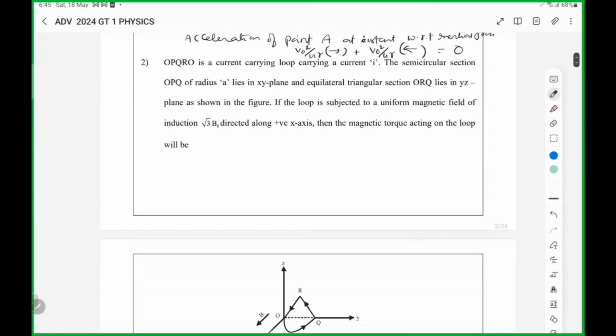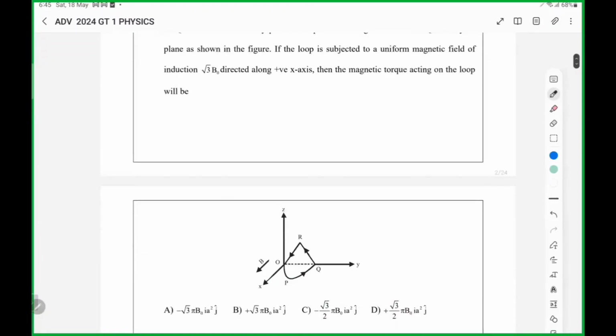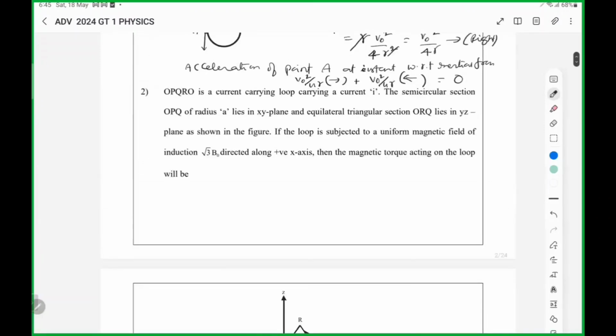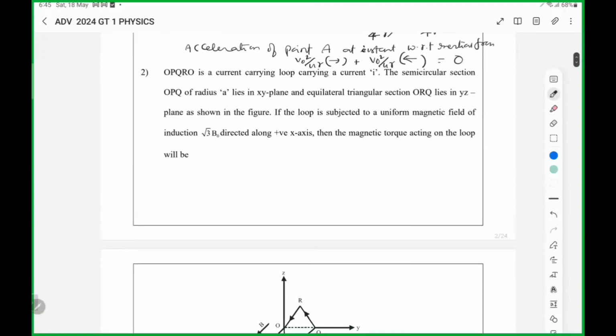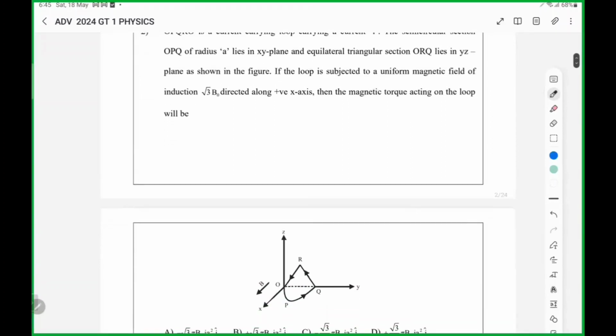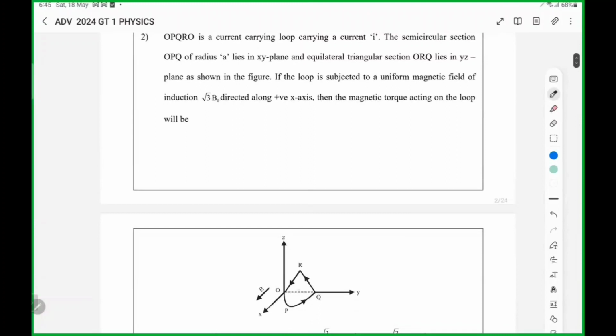Here, OPQRO is a current carrying loop and current I passes through it. The semicircular section of radius A lies in the XY plane and another part in the YZ plane.